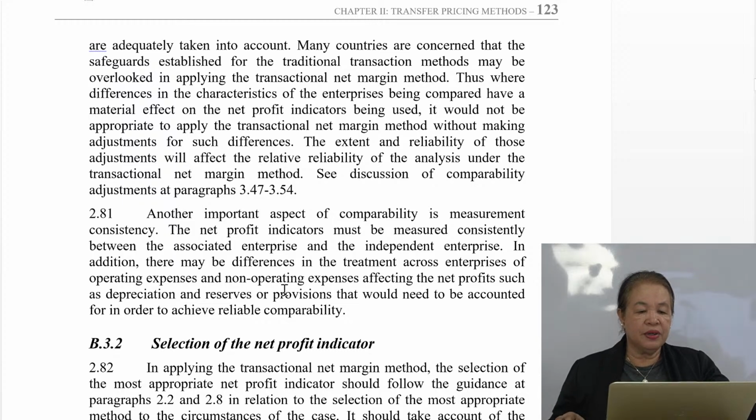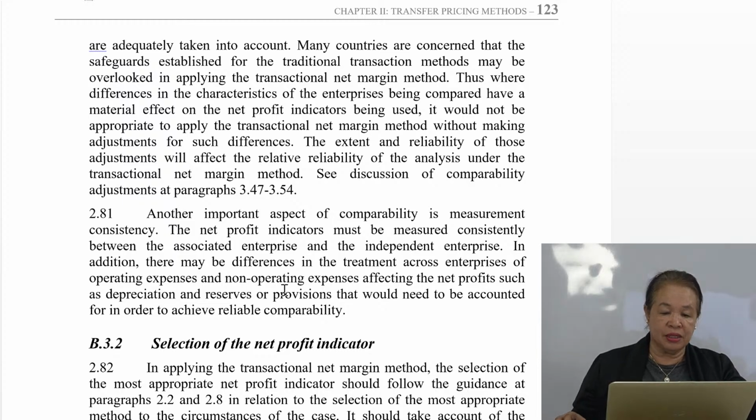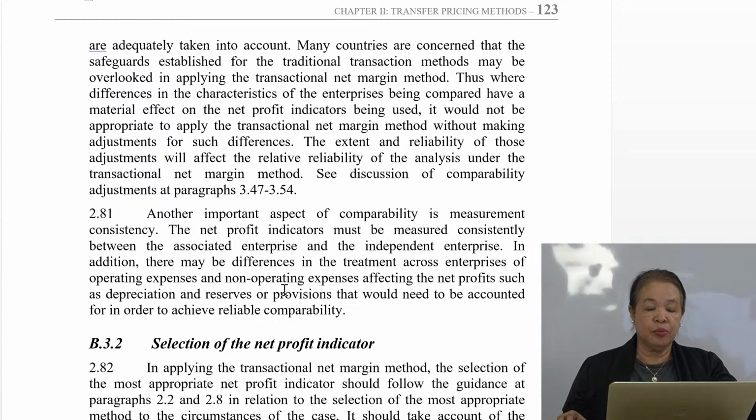Thus, where differences in the characteristics of the enterprises being compared have a material effect on the net profit indicators being used, it would not be appropriate to apply the transactional net margin method without making adjustment for such differences. The extent and reliability of those adjustments will affect the relative reliability of the analysis under the transactional net margin method. Also, see discussion of comparability adjustment at paragraph 3.47 to 3.54.